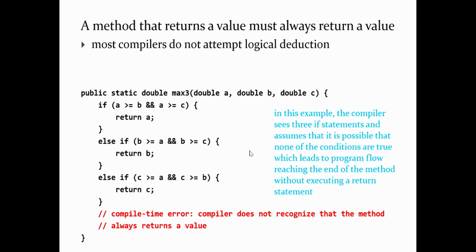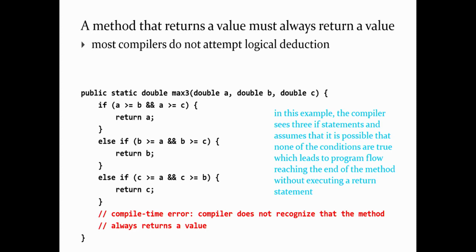Let's see. Oh, this one's funny. Okay. So if a method returns a value, it must always return a value. Now you have to remember that your compiler is not a human. It's not going to try to logically go through your code and deduce that in fact a value is always returned.